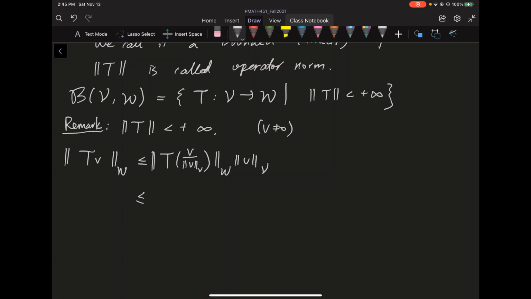But the first one is bounded above by the operator norm, so you have the operator norm of T times the norm of V. This inequality is going to be very useful. Whenever you're dealing with a bounded linear operator, you often use this inequality, and you can notice if V is just the zero vector, then this inequality still holds. So we're going to use it in the next video.